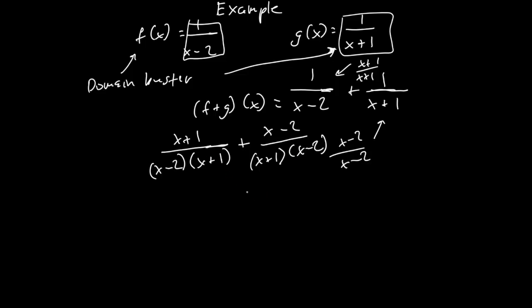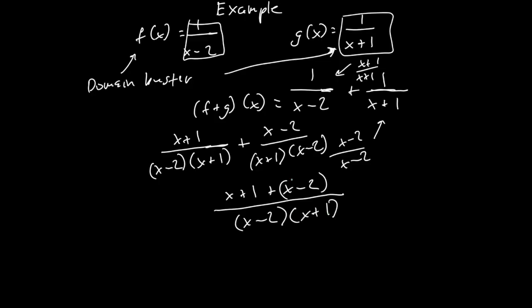So now we can just add the numerators. So you get x plus 1 plus x minus 2. Make sure there's a parenthesis there, over x minus 2 times x plus 1. Now you may be tempted to cross these out, but you can't because you have addition here.